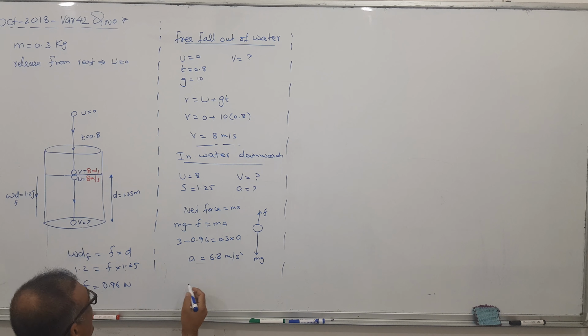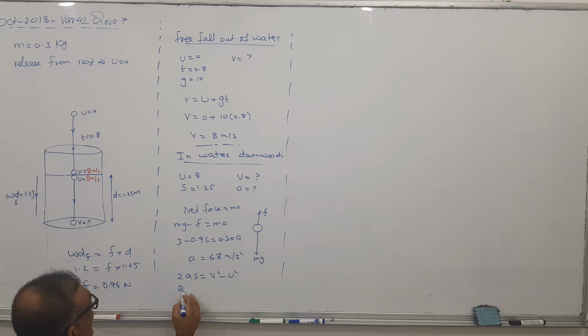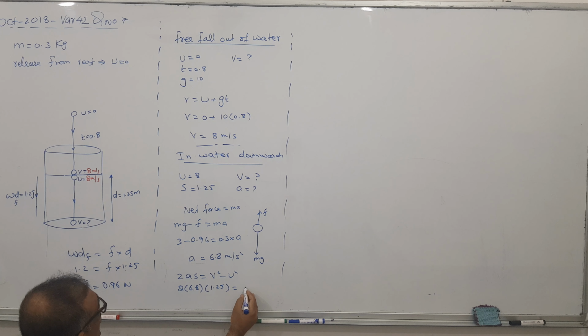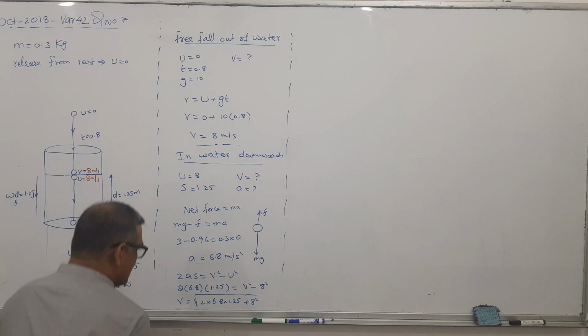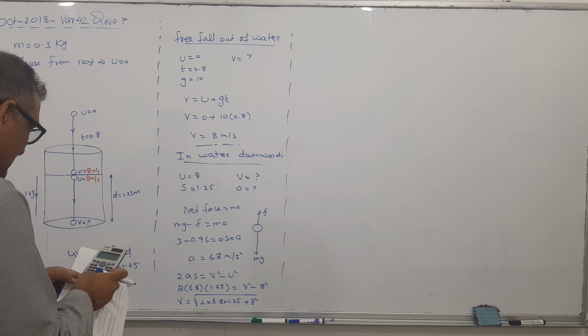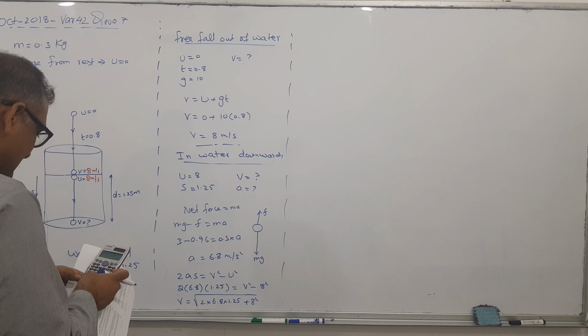Now we have the data, so 2as equals v squared minus u squared. With a as 6.8, s as 1.25, and u as 8, v is the root of 2 times 6.8 times 1.25 plus 8 squared, which is 2 times 6.8 times 1.25 plus 64.